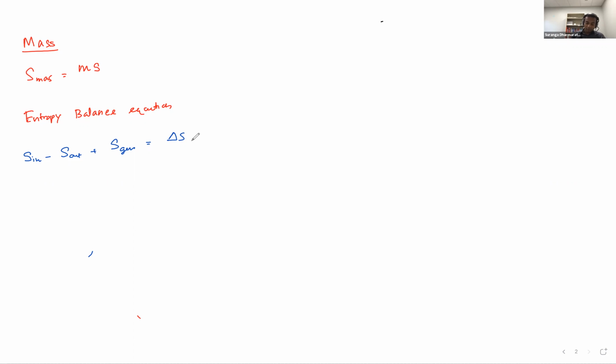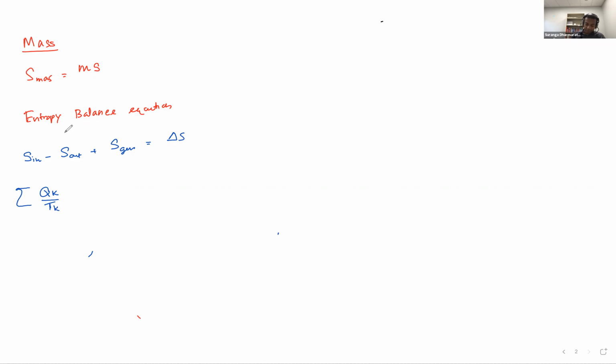Now, if we want to put the different methods of entropy transfer into this equation, entropy can come in the form of heat and leave the system in the form of heat. So the algebraic sum of Qk over Tk represents heat coming in and out.